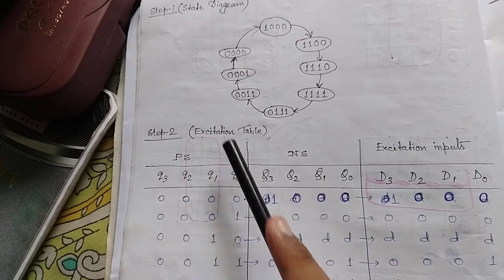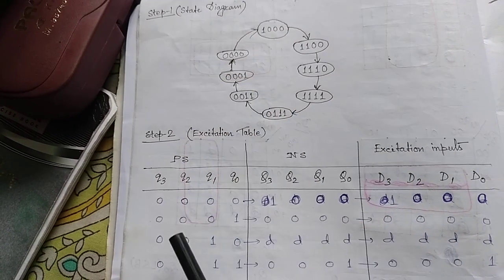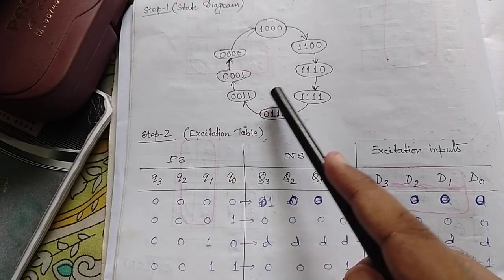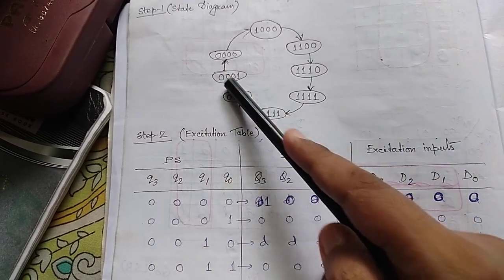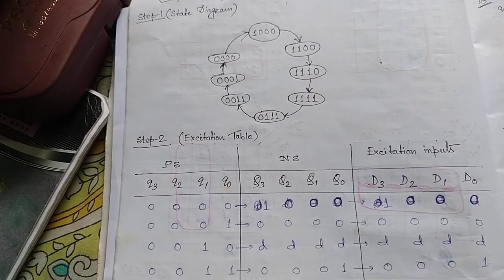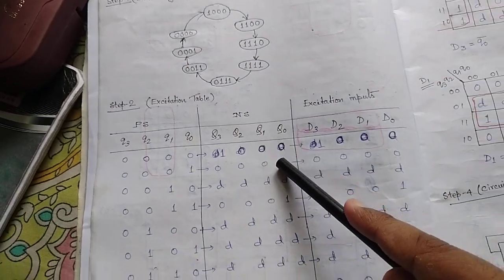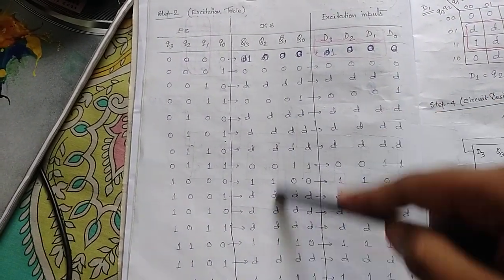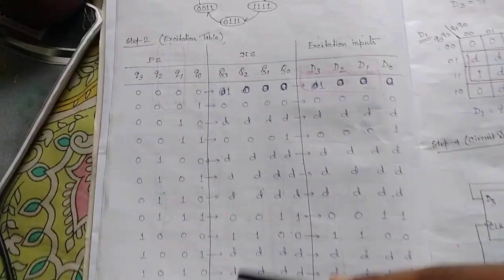Now for 0 0 1 0, that is don't care. Why? There is no 0 0 1 0 present in the state diagram, so again don't care. Similarly you have to fill up the next state table, all the columns, all the 16.